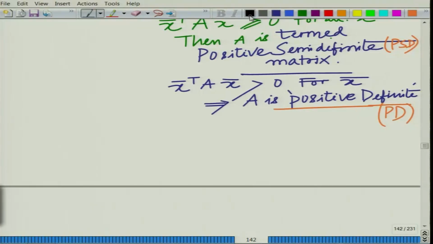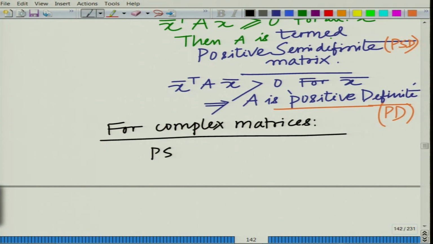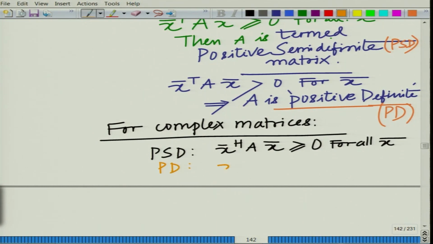Okay. Similarly, you might have already guessed, for complex matrices, for PSD we have x bar Hermitian A x bar greater than or equal to 0 for all vectors x bar, and for PD we have x bar Hermitian A x bar strictly greater than 0 for all vectors x bar.